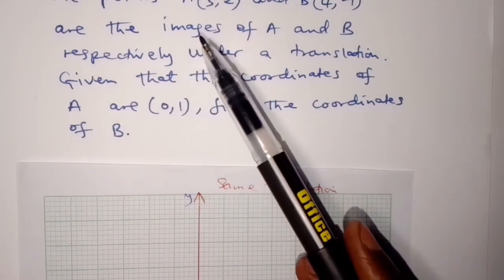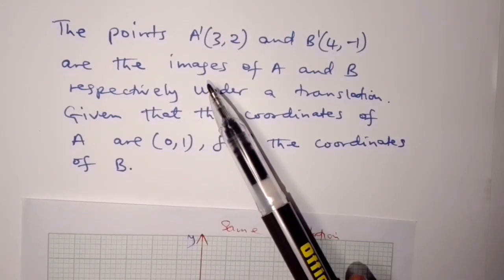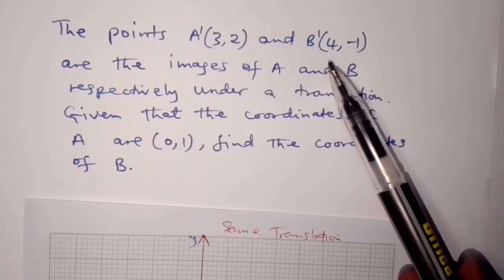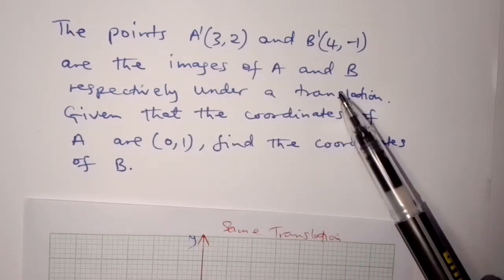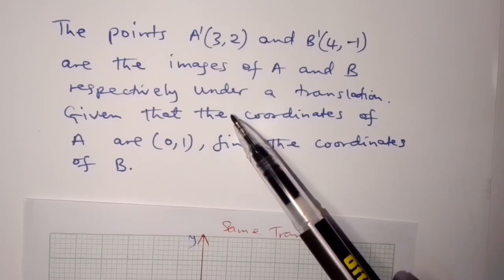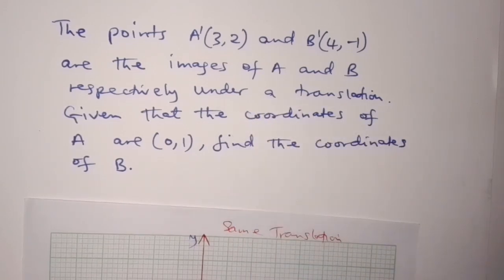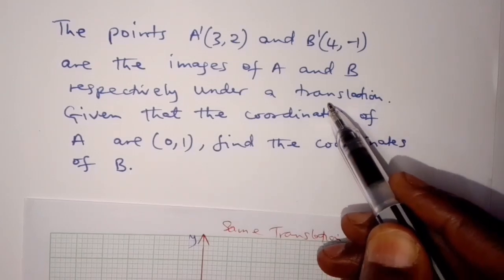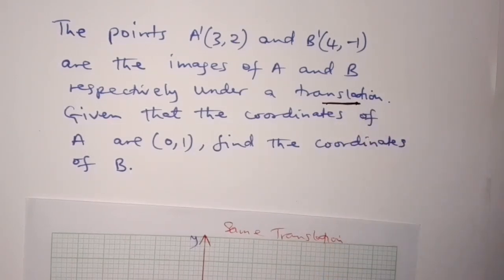The points A prime (3, 2) and B prime (4, negative 1) are the images of A and B respectively under a translation. So it means that we are going to deal with the same translation for the 2 points.